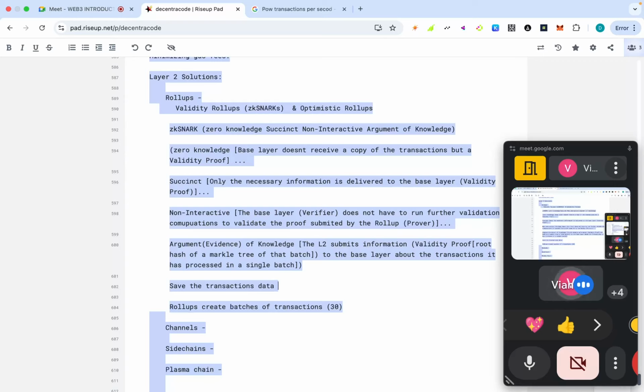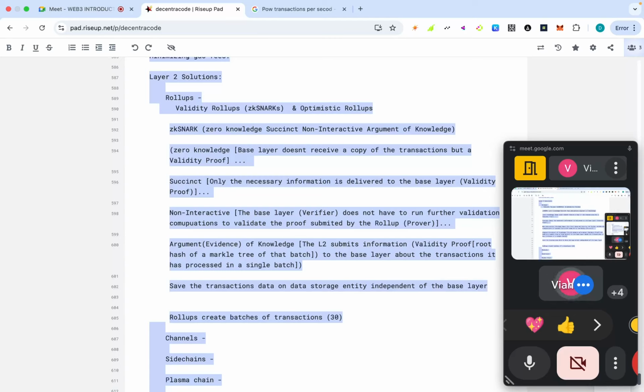They save the transaction data on a data storage entity independent of the base layer. So it could be maybe a decentralized storage entity or data availability layer that is available to this particular layer 2, or that has already been designed to store that transaction data.